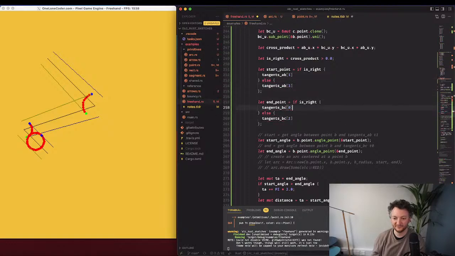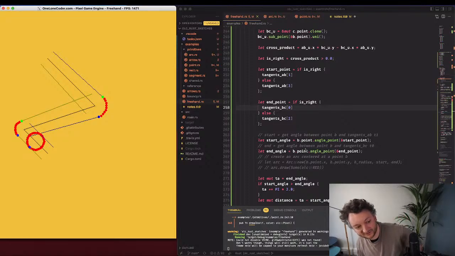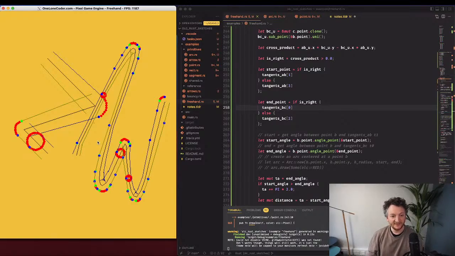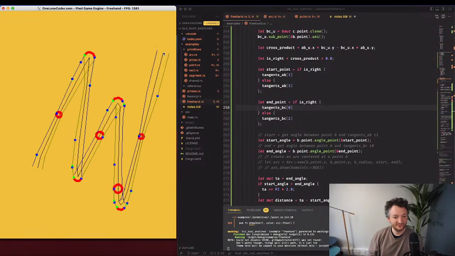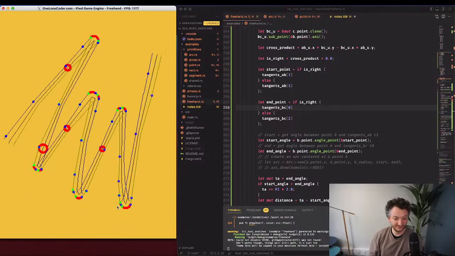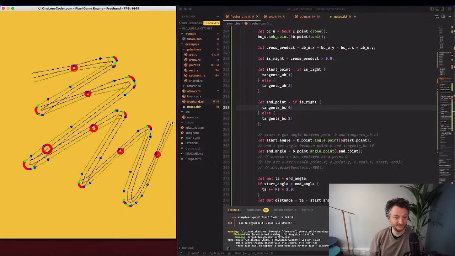I feel like I've been here before. Good. Hey, what do you know? Cool. And that solves our problem with the straight lines. Actually, this looks really good. I think we're drawing those caps correctly almost every time, which is remarkable.